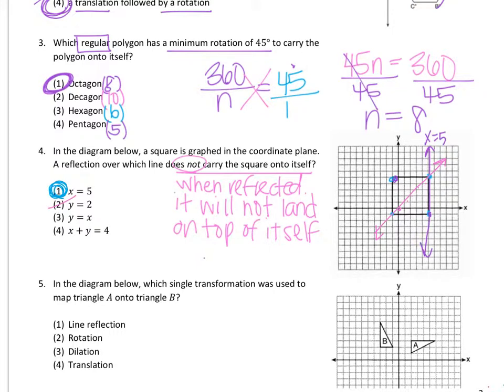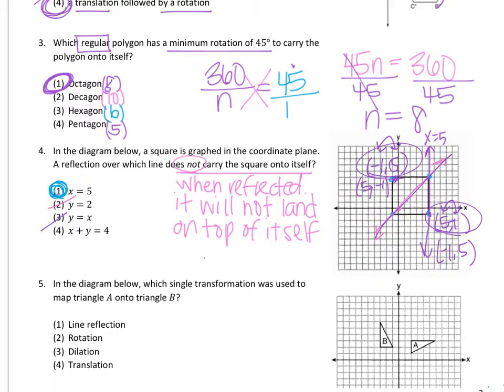Meaning this point over here at 5, negative 1, and this one here at negative 1, 5. When they are reflected over this line, they switch, boom, boom, which means that now I get negative 1, 5, and this switches 5, negative 1, which is exactly where the original points were located. So choice 3 is not our answer.